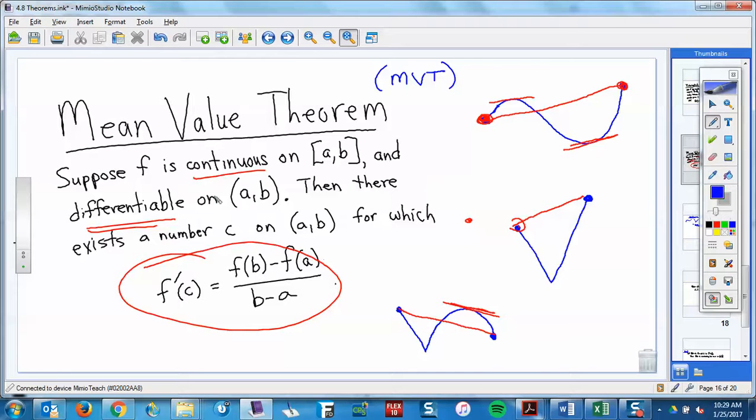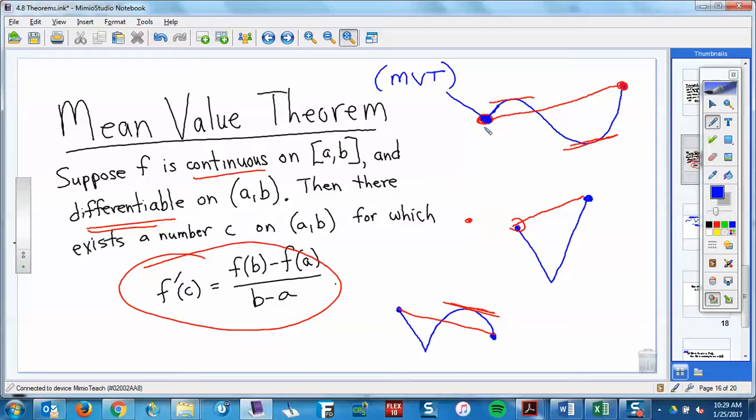Now, why don't we care about it being differentiable at the endpoints A and B? Well, let's just continue this curve here. Let's say there was a sharp point right there. We don't really care that there's a sharp point right there. The slope between the endpoints would still be this, and it's smooth everywhere in between.